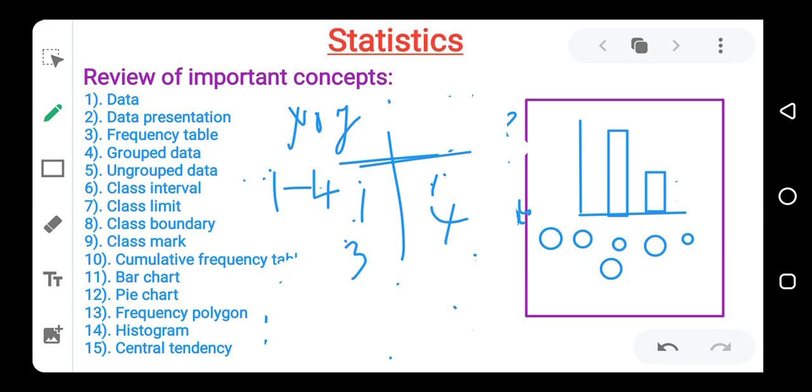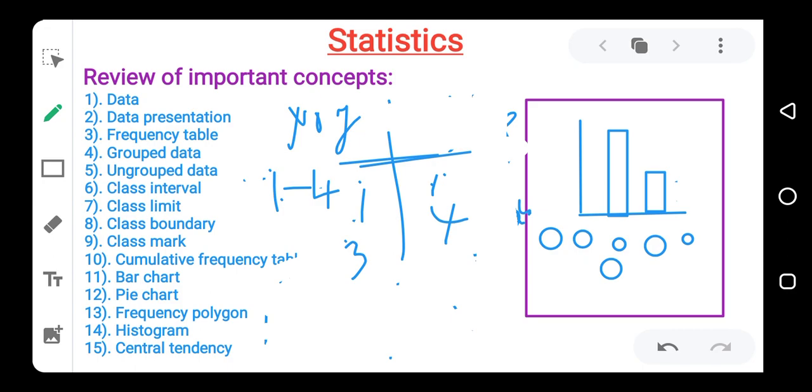Now, class interval. When you group data, like this one we have 1 to 4, that is what we call a class interval. The number of groups that you have in your presentation is what we call class interval. You may decide to group the whole class into 7 or into 5 groups.